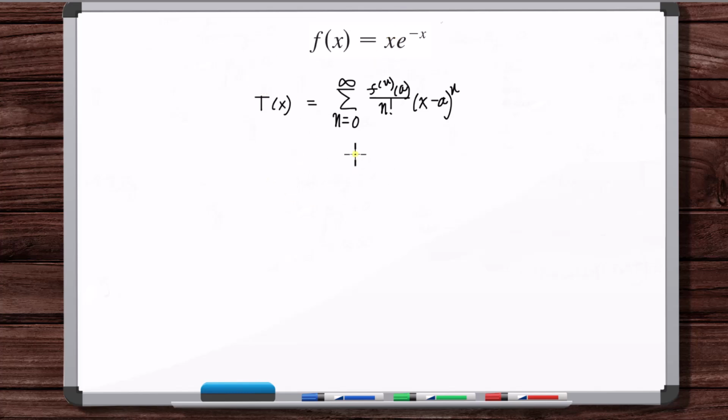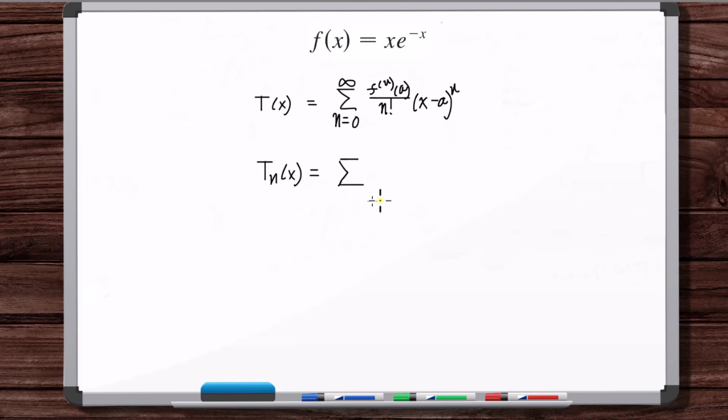But another definition is a Taylor polynomial, where T sub n of x is this changed to the format where instead of going to infinity, it goes to n. Remember we learned about this in the first half of the chapter.